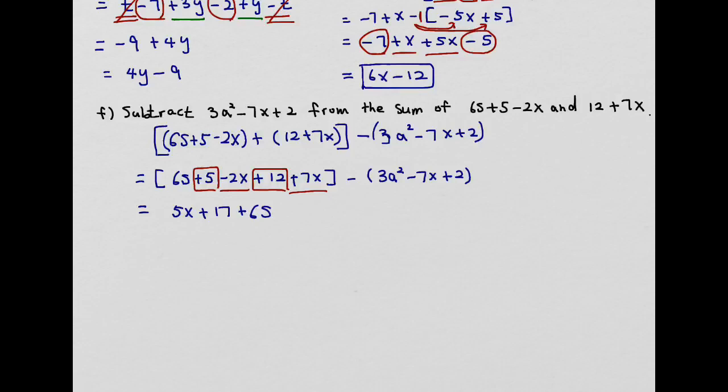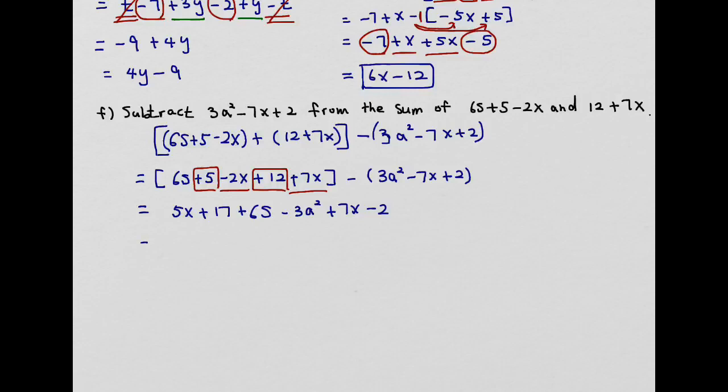And then let's open the last parenthesis at the same time. You're distributing negative, so it will be negative 3x squared plus 7x and minus 2.